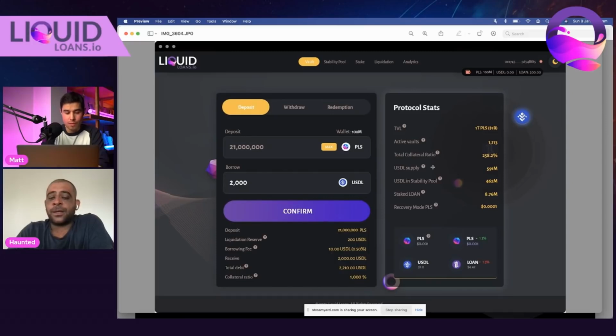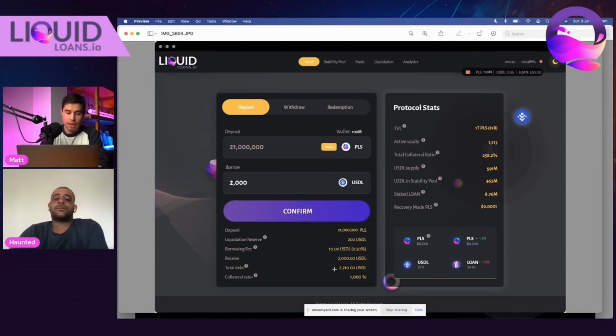Now you've got a yield coming from 10% into Pulse to buy Pulse, and you've got 10% into the stability pool, where you're getting the loan token, and then you add that loan token into the staking pool, and then you'll be collecting your own fees. If the price comes back and you think it's going to come back 40-50%, you can take that stablecoin, pay off your loan, and you're back down to 1,000% collateral.